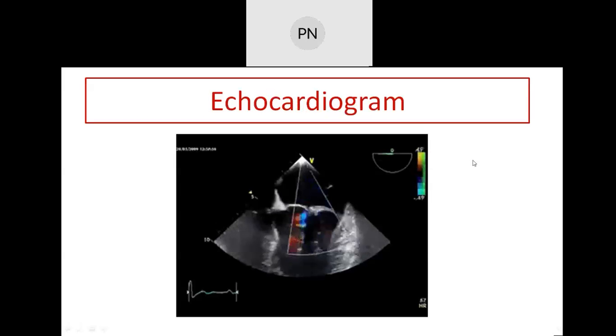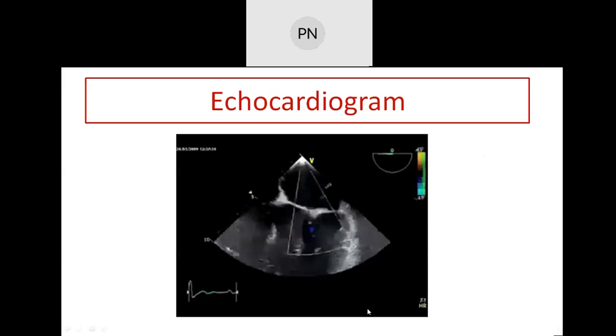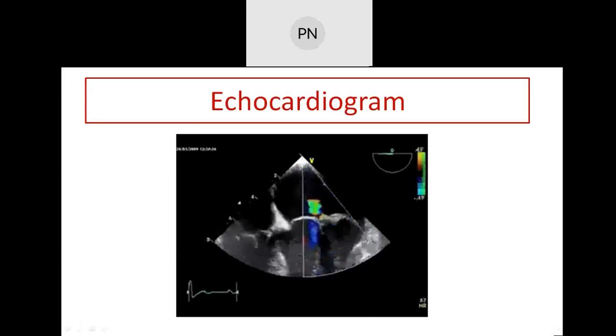If you do an echocardiography, you will be able to see the regurgitant fraction. Now, again, I told you echocardiography cannot be learned like this. This is only for your interest. I'm showing you a GIF image so that you understand how it looks. So you can see the colored flow of blood that is happening from below to upward.